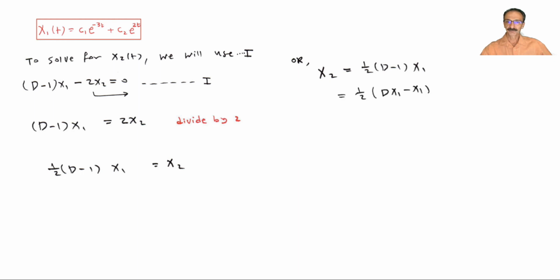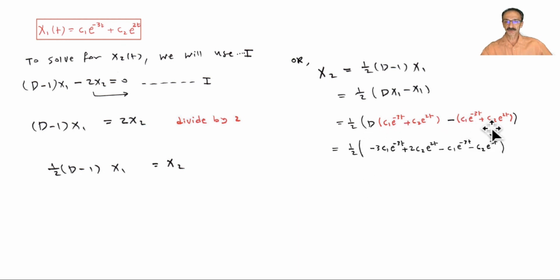Now, taking x1 inside, that's dx1 minus x1. That's the derivative of x1. That's what dx1 means. So we apply the derivative to x1 and we subtract x1. Once we finish, multiply by half, and that gives you x2.